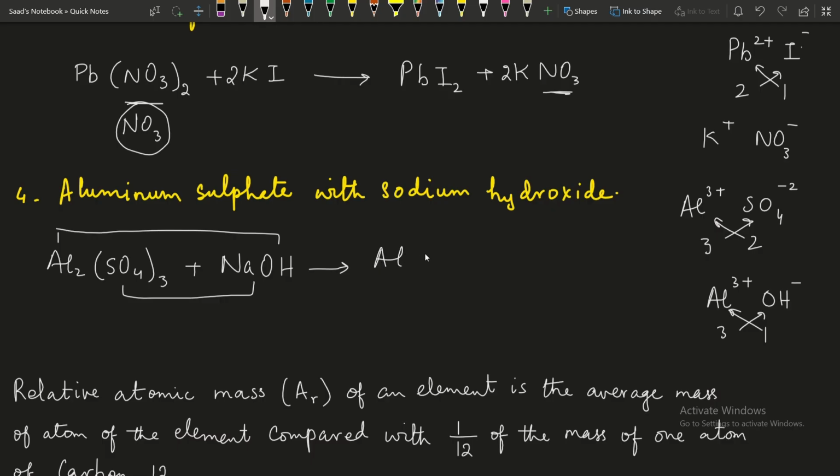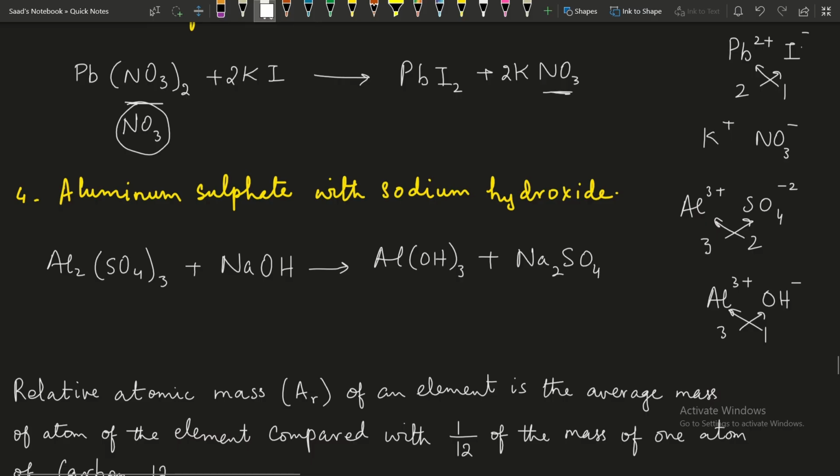It would be Al and put OH inside the bracket and write 3 as the subscript. Aluminium hydroxide plus sodium sulfate. Sodium is this, and the subscript of sulfate you'll write as a subscript and sulfate. Now we have just written the correct formulas and we need to balance it.